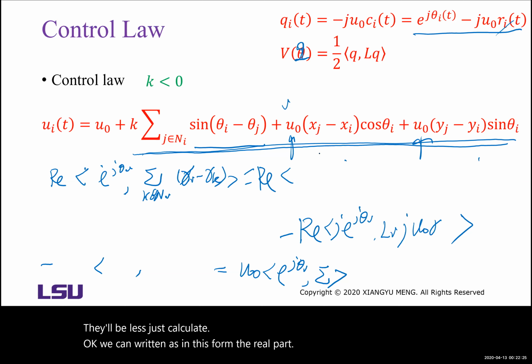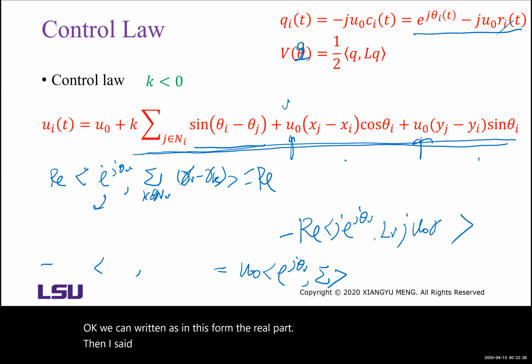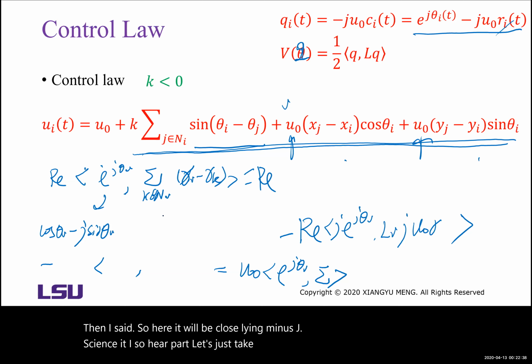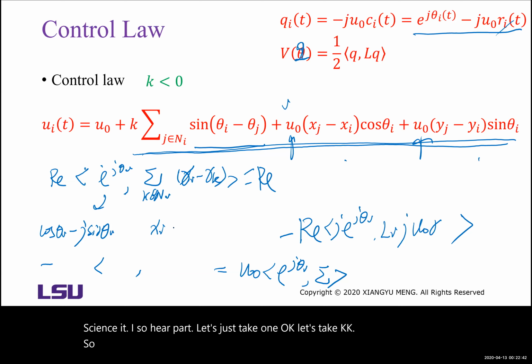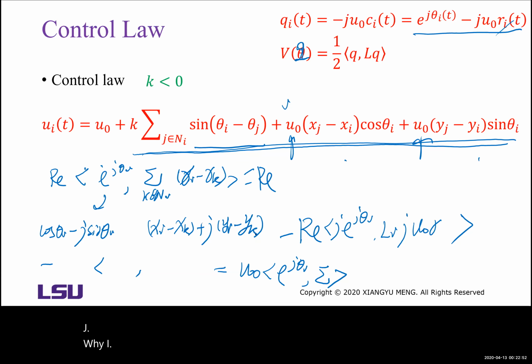Here it will be cosine theta minus J sine theta I. Let's take one k. So it will be xi minus xk plus J yi minus yk.